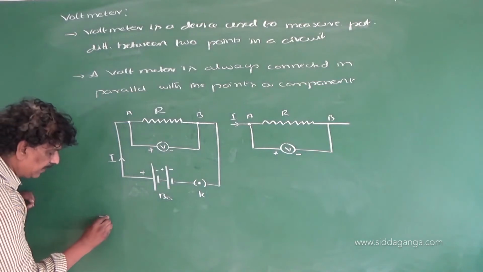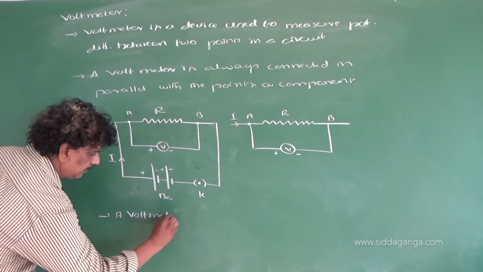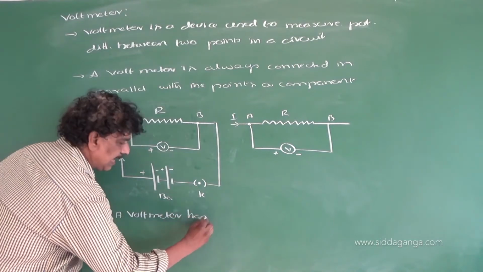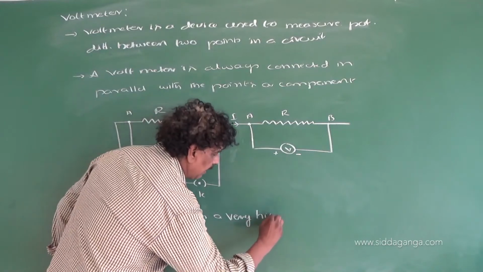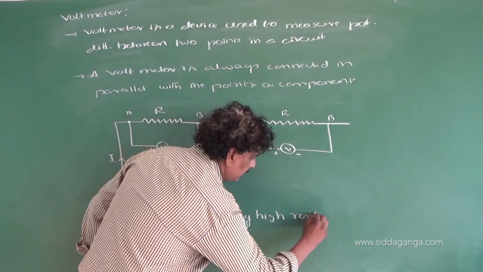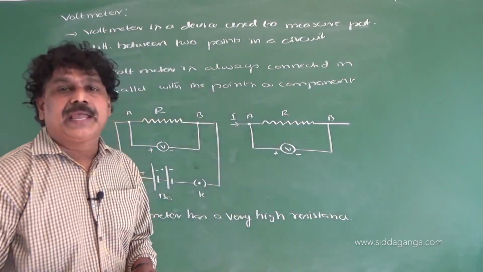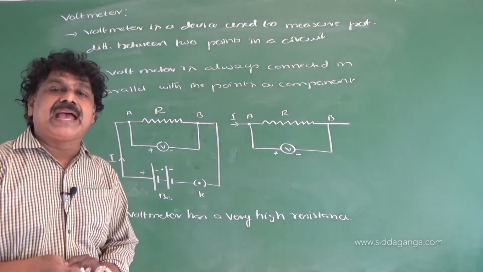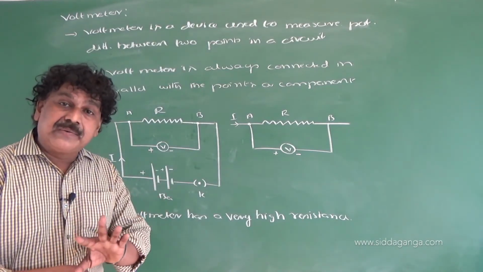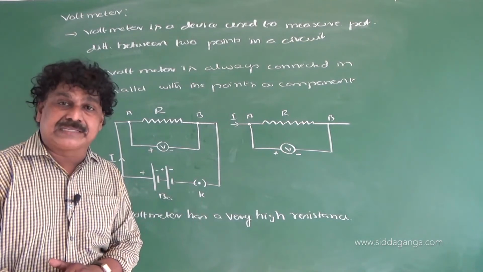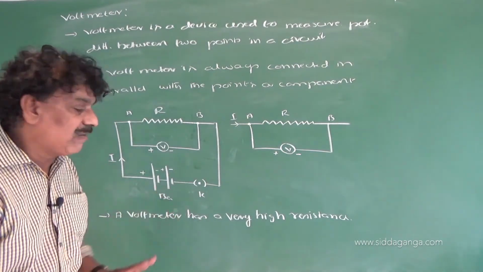Now the third important point is a voltmeter has a very high resistance. A voltmeter has a very high value of resistance. Ammeter has very low value of resistance. But voltmeter has very high value of resistance.